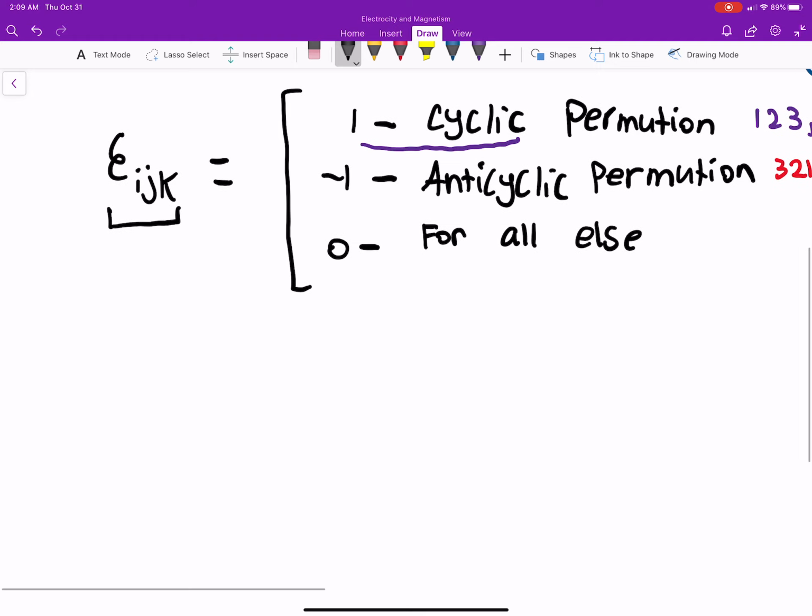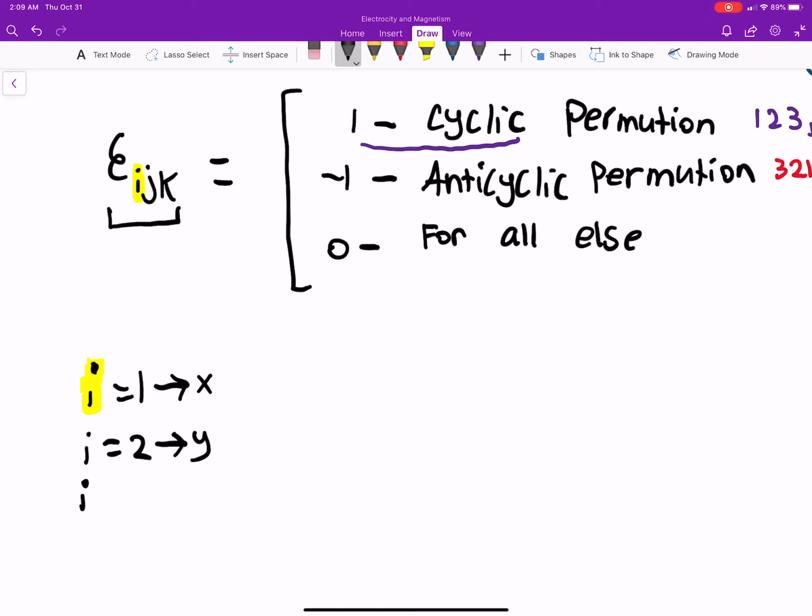Here's what we'll do. First off, let's talk about the indices real quick. I is the important one here. I equal to 1 corresponds to x, I equal to 2 corresponds to y, and I equal to 3 corresponds to z, the components of the vector.